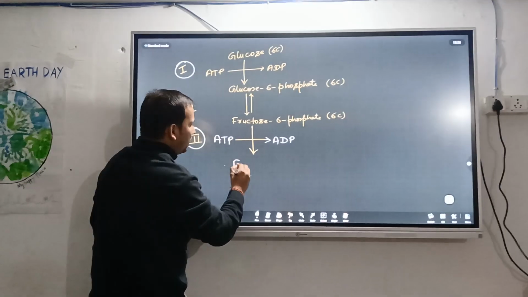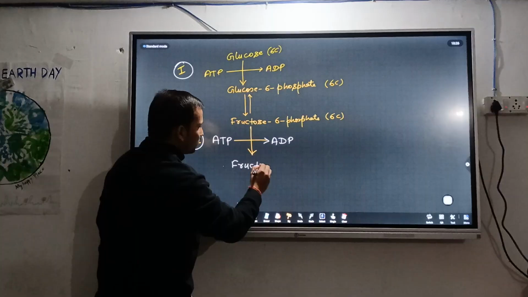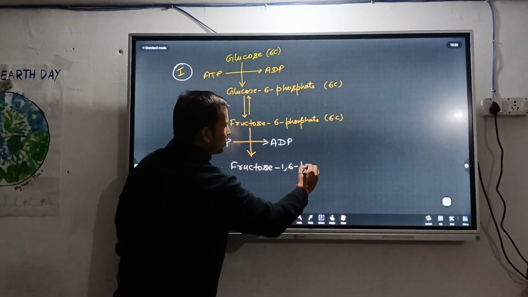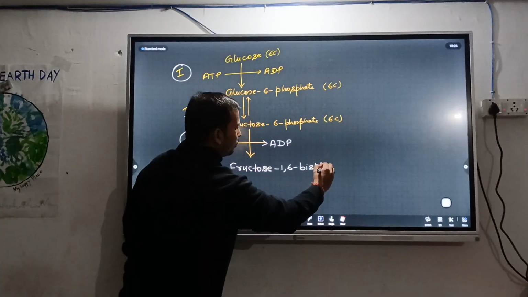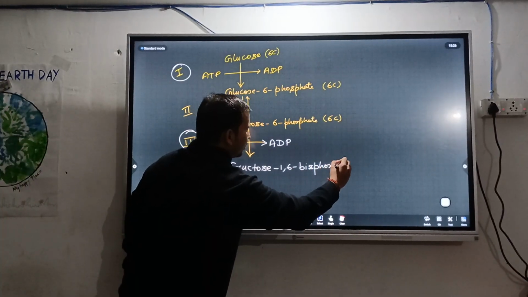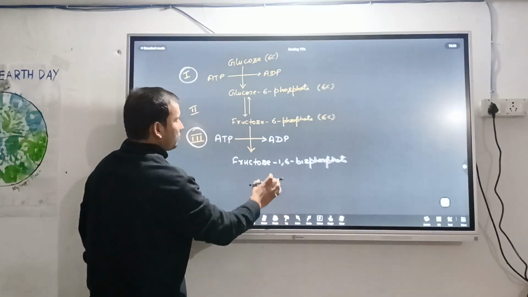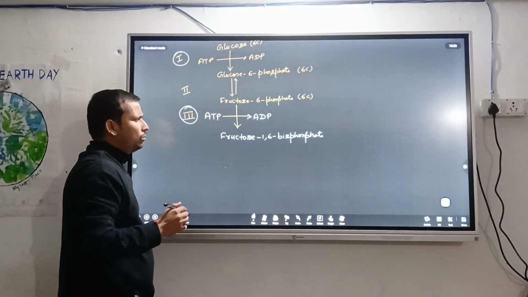Now this fructose 6-phosphate becomes fructose 1,6 bisphosphate. I will summarize this again, do not worry.